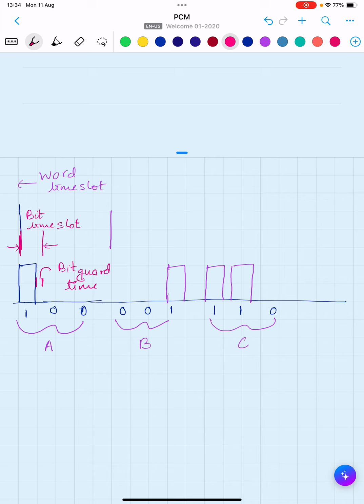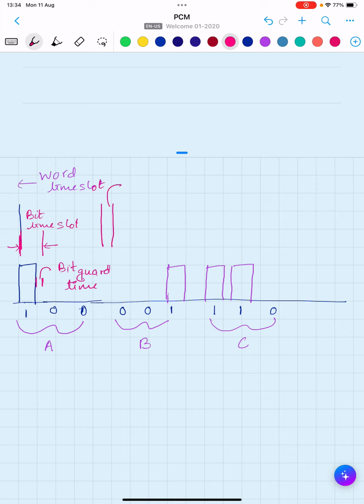In a similar way, let's say, sorry, I put a bit wrongly. Let's say it's somewhere here, and the next bit starts from here.